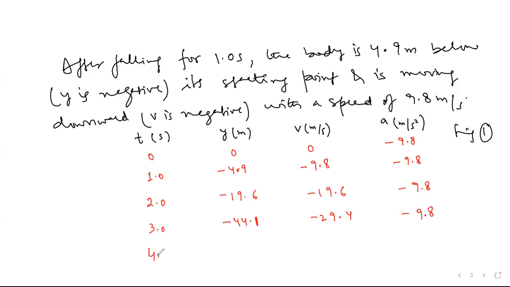At t is equal to 4 seconds, the position will be minus 78.4 meters. Velocity is minus 39.2. Acceleration is minus 9.8 meter per second square. Let me check it.